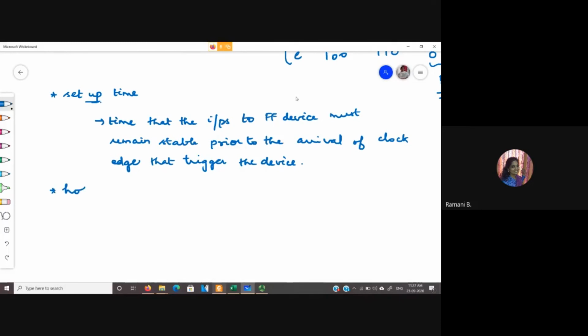Next, we have something called the hold time. This hold time is the time that the inputs must be stable after the clock edge has occurred.